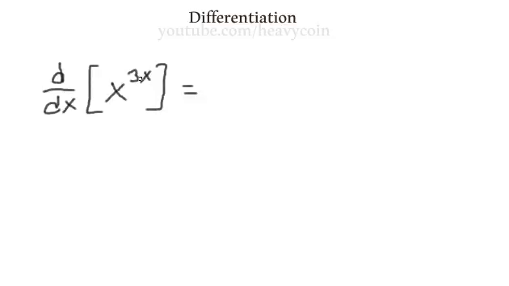So we're going to take the derivative of 3x, which is 3, rewrite, times, and then we say the natural log of x, plus, now we're going to treat this like it's just a number up here.